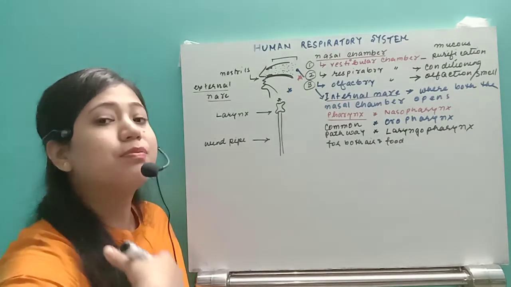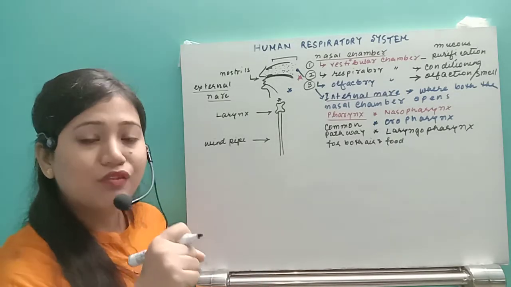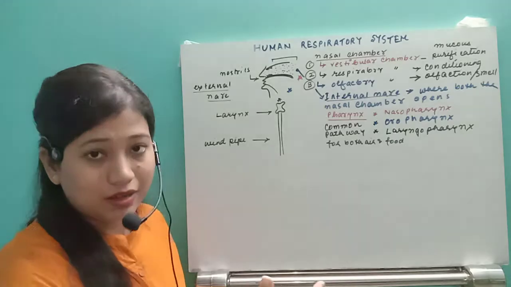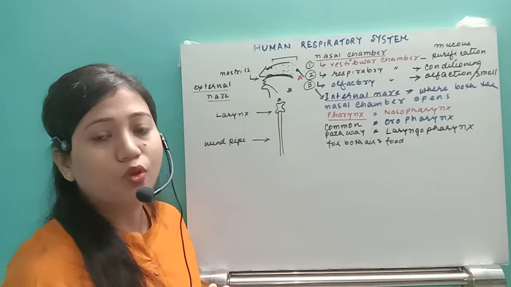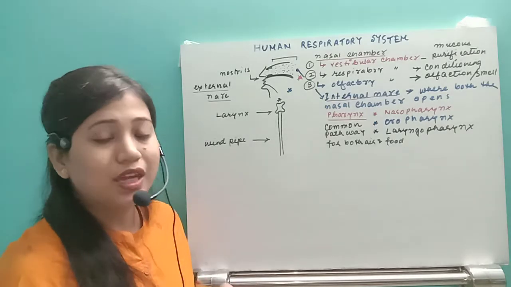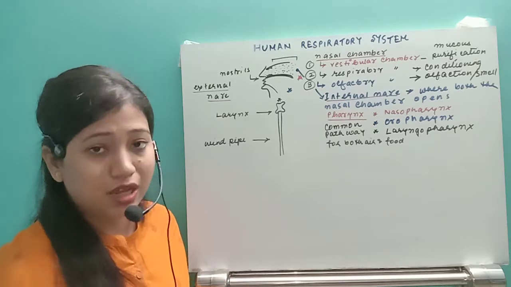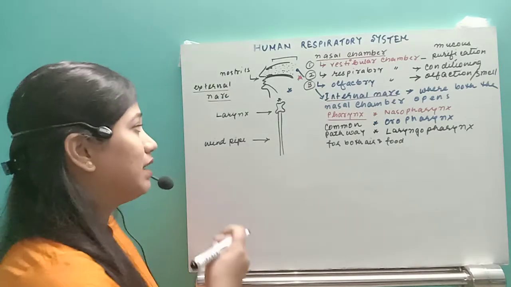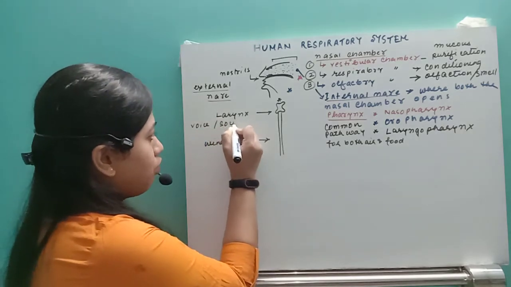Whenever the gas is repelled outside during expiration, then we will trap the air, and with a specific force repel the air through the larynx, and this larynx is provided with vocal cords which vibrate with the expired air, and we are able to speak properly and produce different types of sounds. So that is the larynx or the voice box or the sound box.